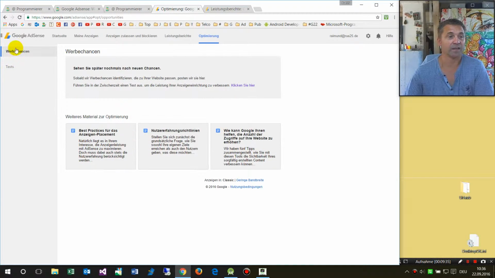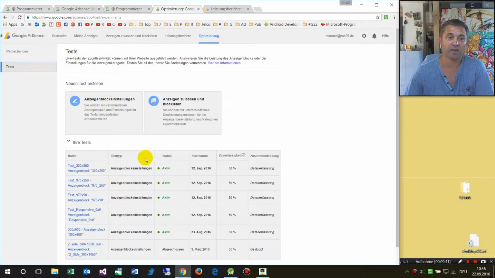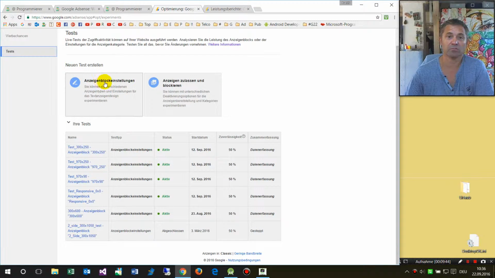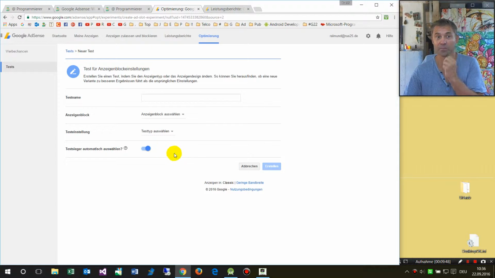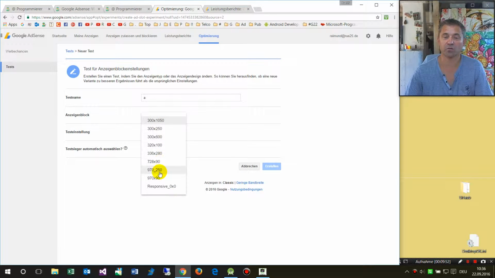And in the optimization, when you click there, you will find, where is it? Here it is. Most people don't know. Here's tests, and when you click on tests, you may add some new tests there. Say test A, and then you take one of your advertisings.